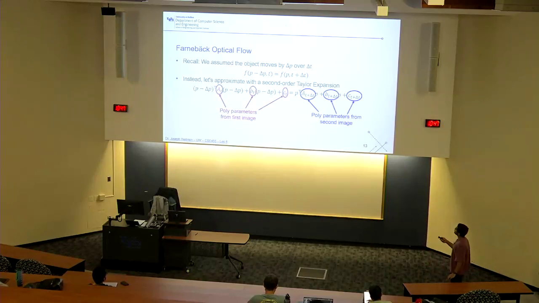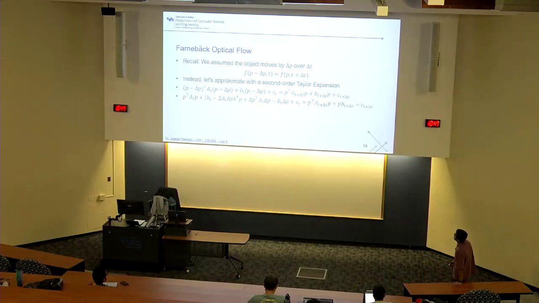And these are the parameters from the first image and the parameters from the second image. The indexing over which image we're looking at is represented by either having just a t, as we do over there, or t plus delta t. And similarly for our flow vectors.